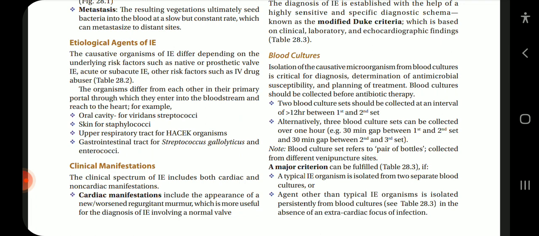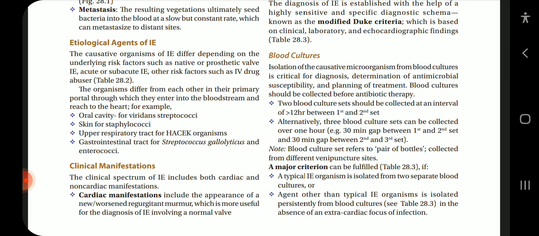Now, a blood culture set refers to a pair of bottles, where the sample is collected from two different sites so that there is no chance of any discrepancy. For the diagnosis, the major criteria or the minor criteria, as we will see further, should be fulfilled.